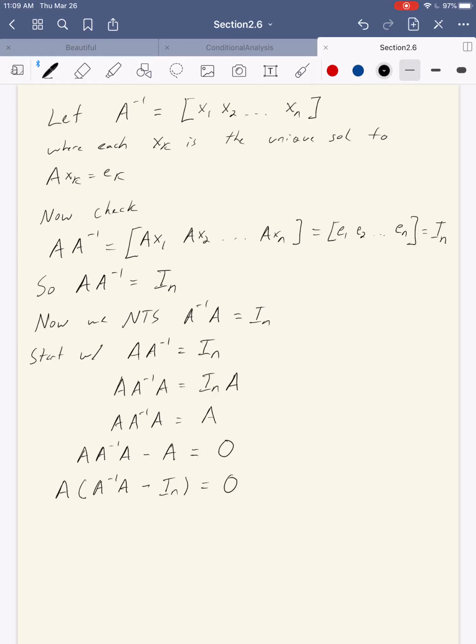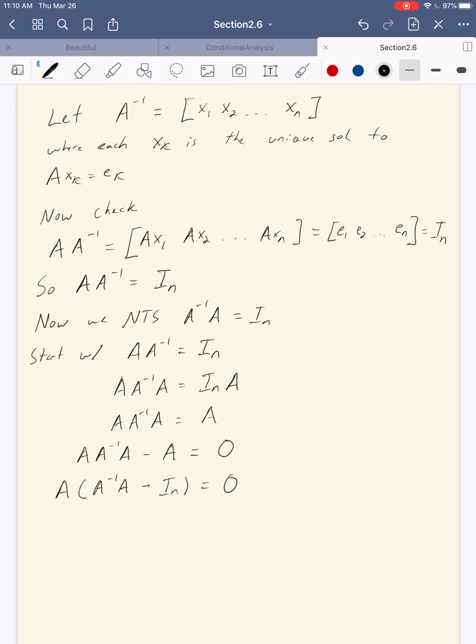Notice, if you were to distribute back in, this would go here and give us that, and this would go here, and of course when it multiplies with the identity matrix, it just remains as A. So certainly this is a believable step, even though we're maybe not super comfortable doing lots of examples of factoring in matrix multiplication, but we're all good there.